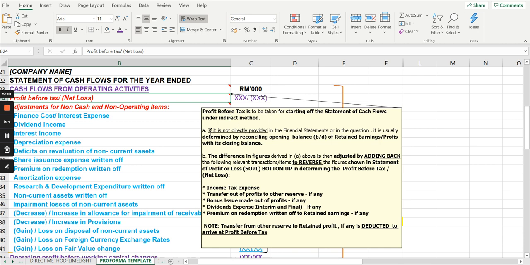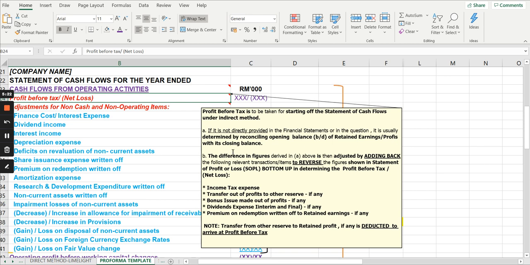That is also in the case where it is not directly provided in the financial statement, or if you are talking about educational purpose in the question, it is normally determined by reconciling the opening balance at the beginning of the year of the retained profits with its closing balance.